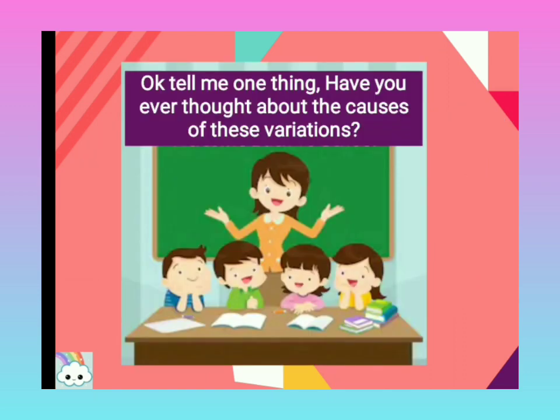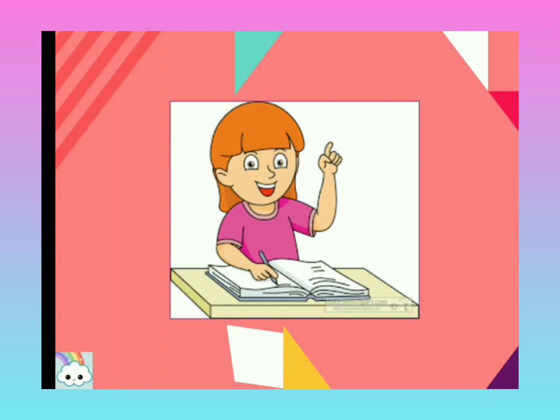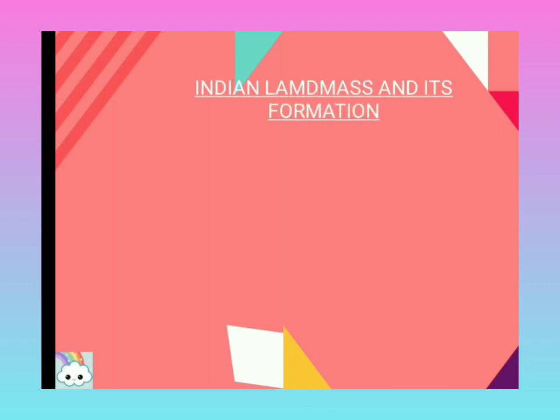Have you ever thought about the causes of these variations? Yes, you are right. Most of these variations are caused due to differences in rock formations. Let us try to understand the formation.